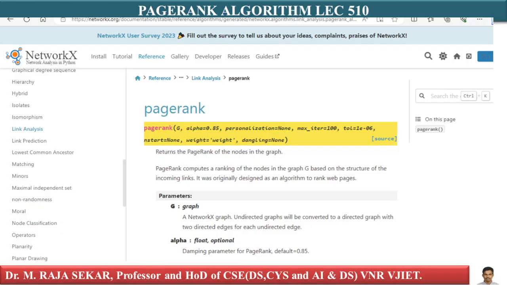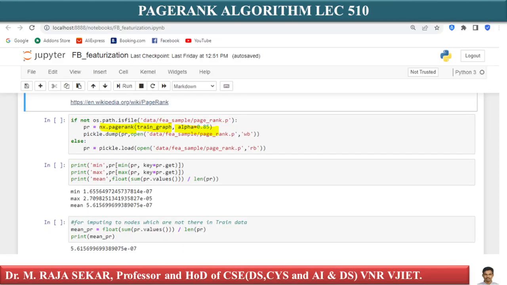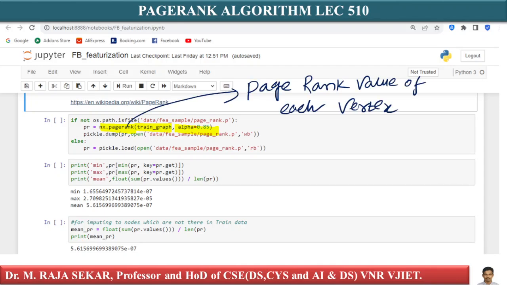This is the code, in the FB featurization IPython notebook, which I will keep in the comment section as well as the description section of my video. You can take the graph and calculate PageRank. The hyperparameter is alpha, that's all. An alpha value of 0.85 is a reasonable value.